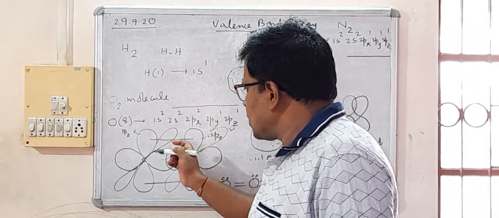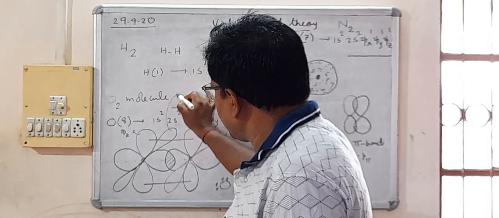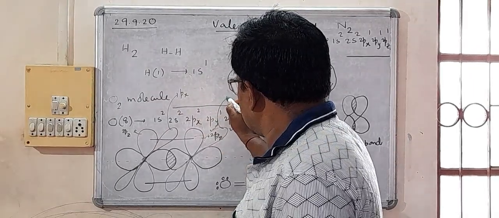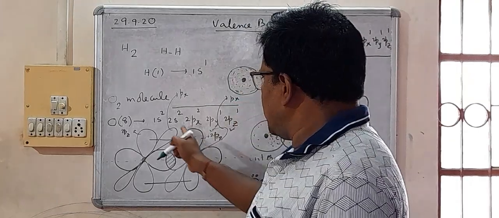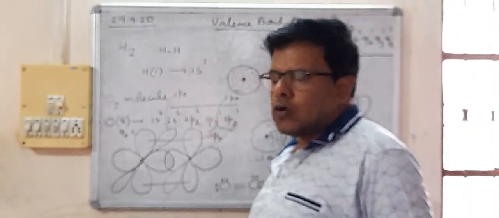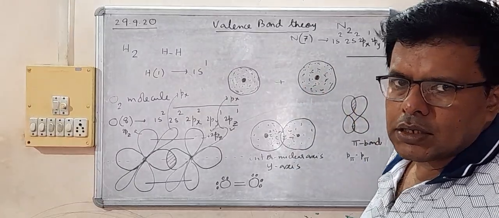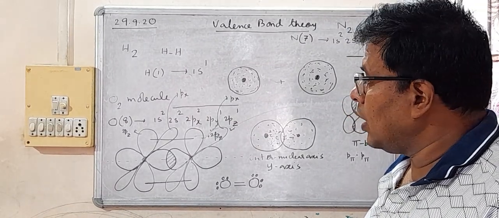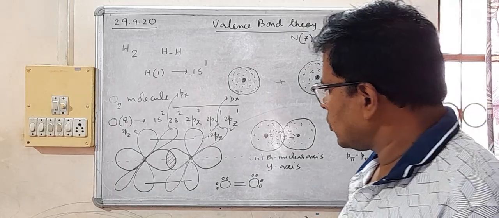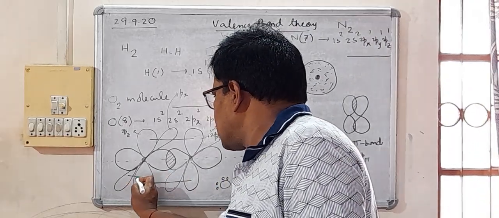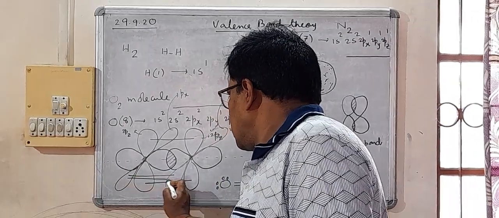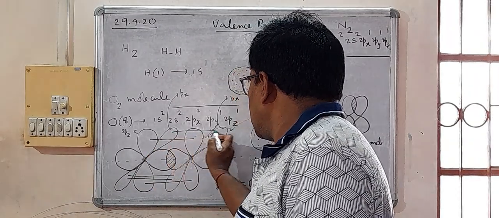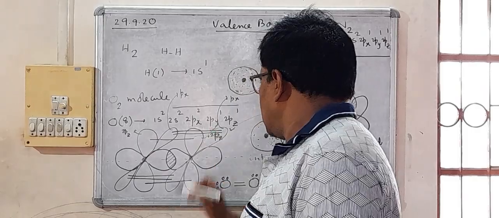Suppose it is px. So px and px will also overlap sidewise, and another pi bond will result. We can show it like this with a double line.